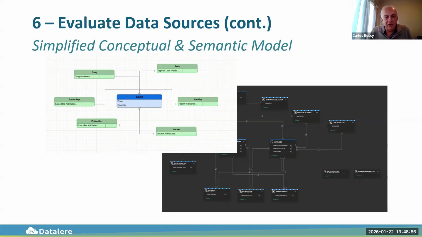If I'm confused about which dimension to use to report by customer region, then the agent's also going to be confused. But if this schema is well modeled, the agent's going to be able to use it as a decision point to move forward. So models like this, if you've done them and they're well done, this is a great start.